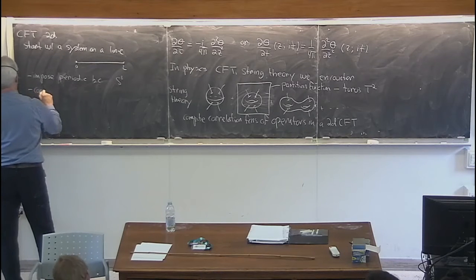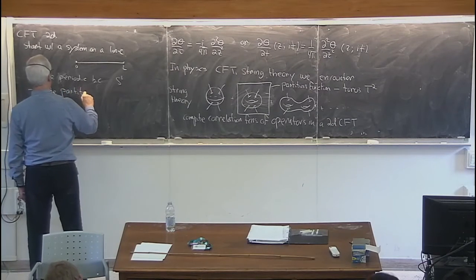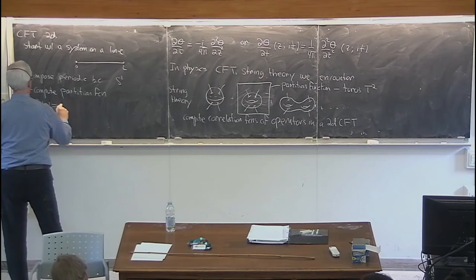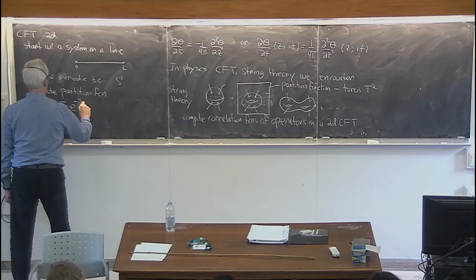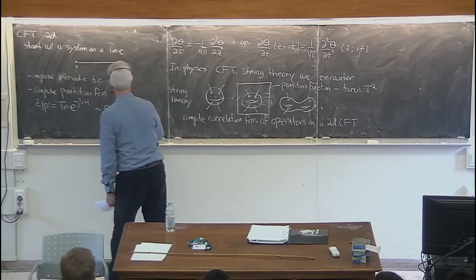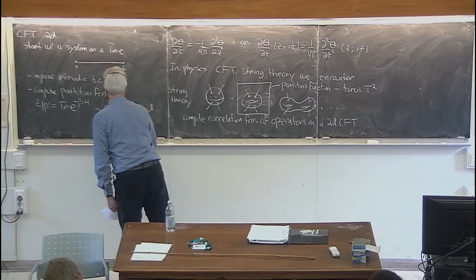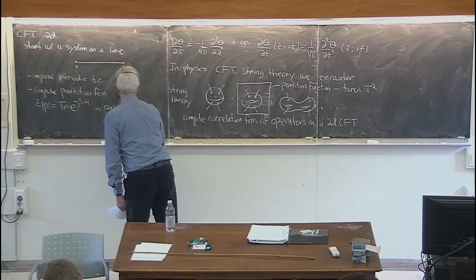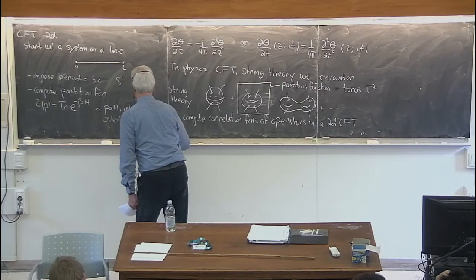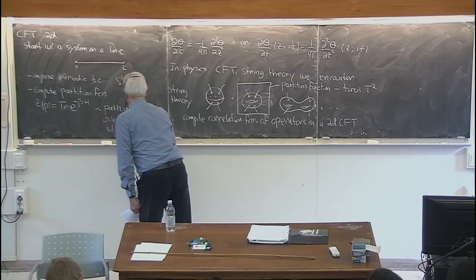And if we compute the partition function in the path integral formalism, this is a path integral over some set of fields in Euclidean time which are periodic with period beta.